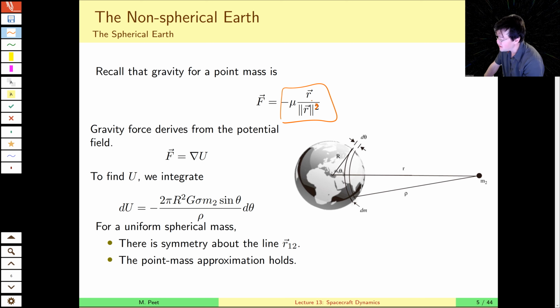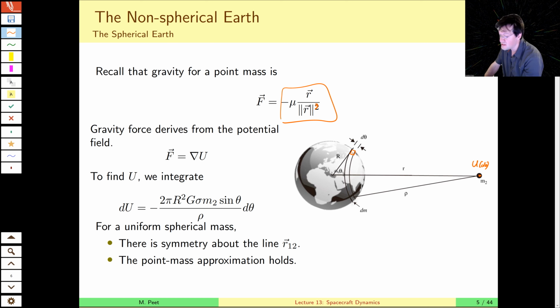Well, what we did is we took this sphere, assuming the Earth was a perfect sphere, and we took little sections of that sphere, dU, and we took the potential of your spacecraft at this point, as a function of d theta. We calculated the gravitational potential due to that little slice there, and we integrated it over the whole sphere.